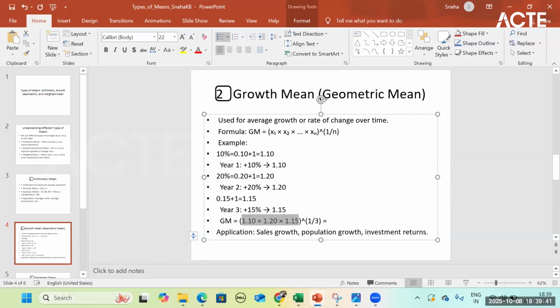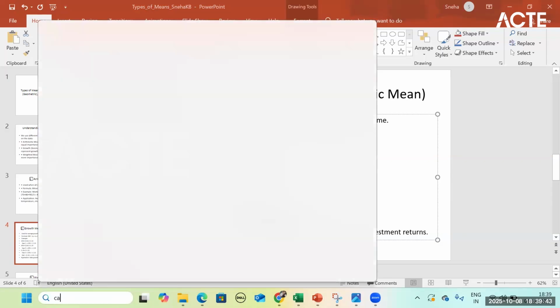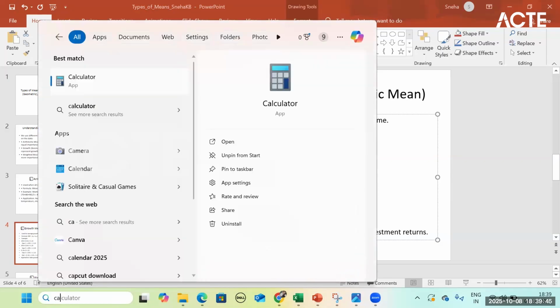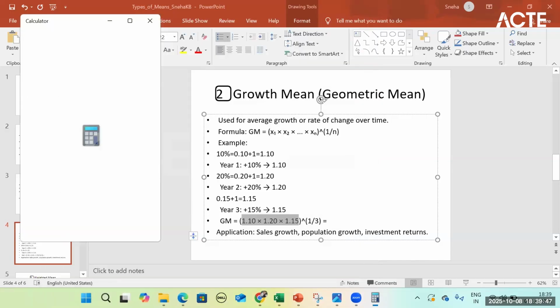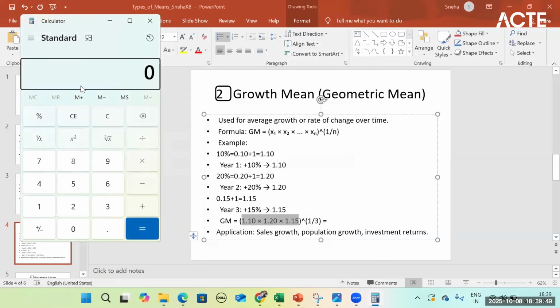So I will open the calculator over here. 1.518, ma'am. 1.10 into 1.2 into 1.15. Right? Yes, ma'am. 1.518.